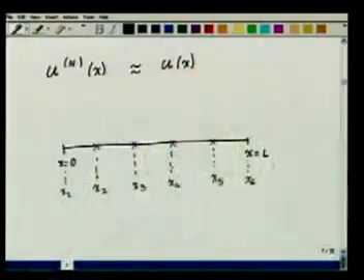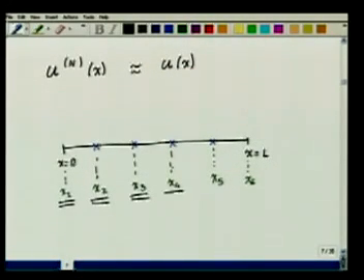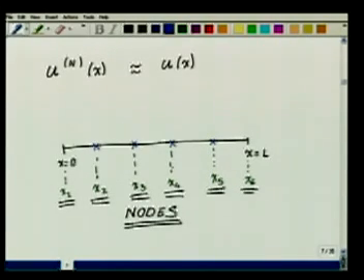Now, these points are given certain names in the finite element terminology. These points are called nodes. And the interval in between two consecutive points is called an element.